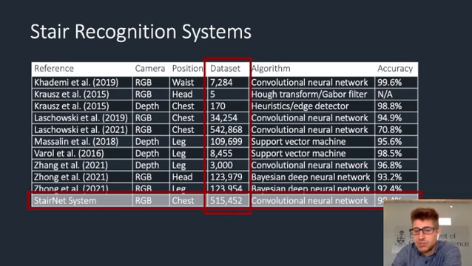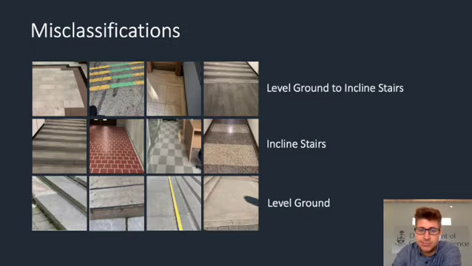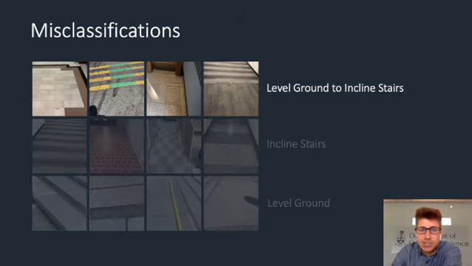Now, despite this robust performance, here are some interesting examples where our system misclassified the environment. The images in the top row were misclassified as level ground terrain transition to inclined stairs, presumably because of the horizontal line features in the upper half of the images.